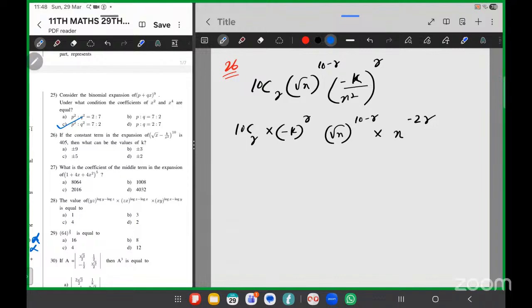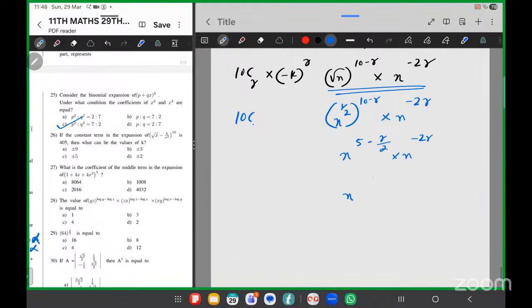This can be written as 10Cr. If we solve, x raised to 1 by 2 into 10 minus r into x raised to minus 2r. X raised to 10 by 2 becomes 5 minus r by 2, into x raised to minus 2r. So x raised to 5 minus r into 1 by 2 plus 2, which is 5 by 2 r.